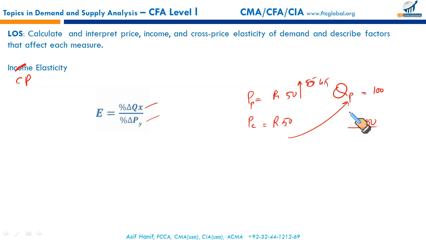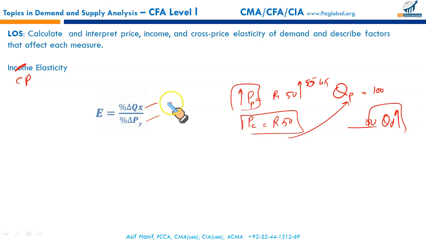So the important point to note is that when the price of Pepsi goes up, the quantity demanded of Coke will go up. I will switch my spending here. There is no change in the price of Coke, but since the price of Pepsi has gone up, I will switch my spending from Pepsi to Coke. These are substitute goods. When the price of one item goes up, people will switch their spending to a substitute. So remember, they move in the same direction.